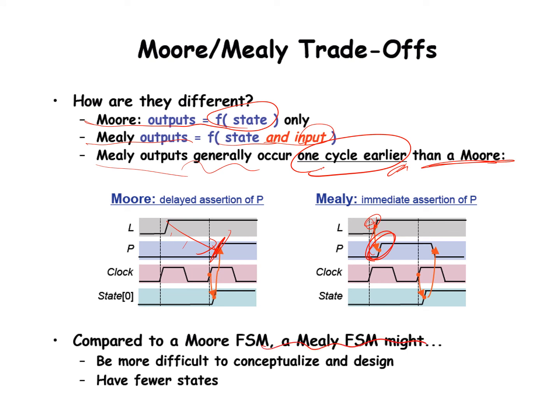The Mealy machine is, most of the time, difficult to conceptualize and design because it's so compact and optimized. So I would recommend that if you need to design a state machine, typically try to implement it in Moore machine style because that will be much simpler to understand and implement. But if the system requires a faster response or less delay, then we consider the Mealy machine design topology.